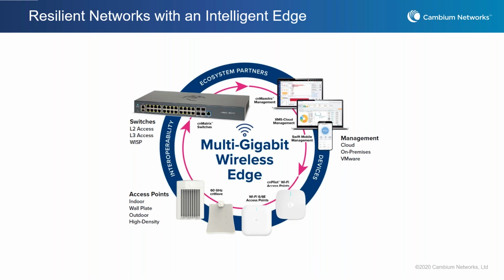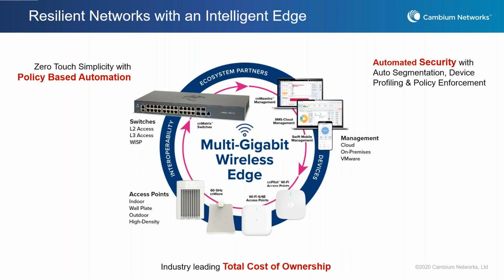We have our Wi-Fi and our fixed wireless radios that provide the wireless connectivity. And then the third component that ties it all together is our management platform with cnMaestro and XMS Cloud. These three components play really, really nicely together. It is a very comprehensive solution for the customer.